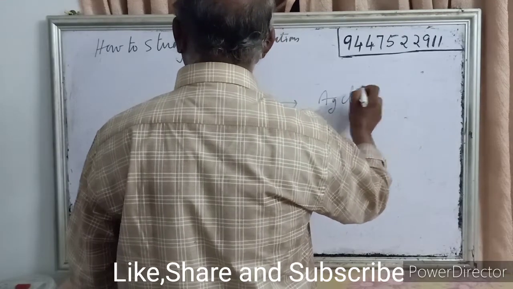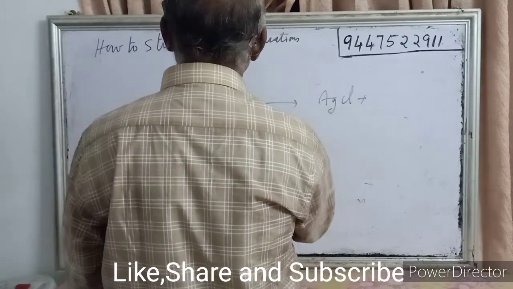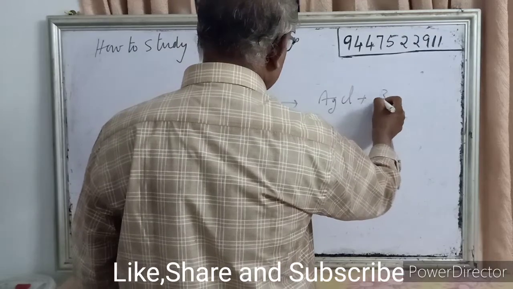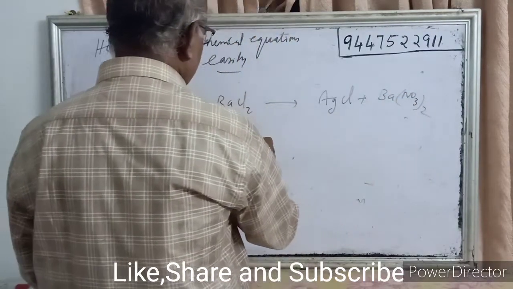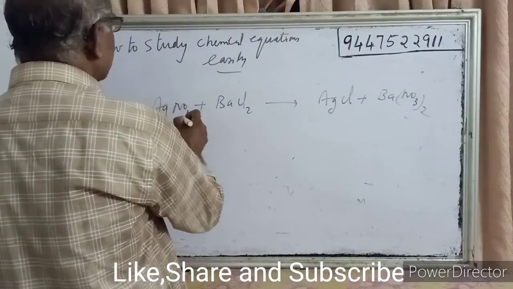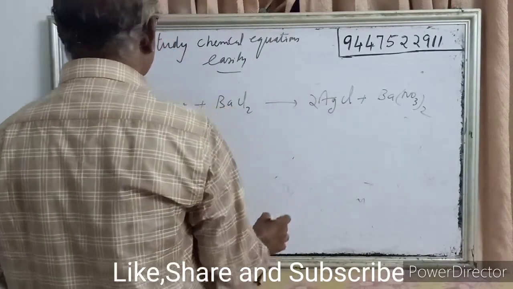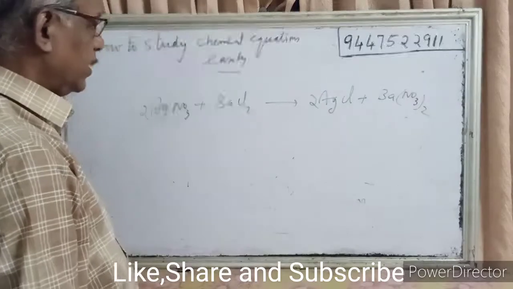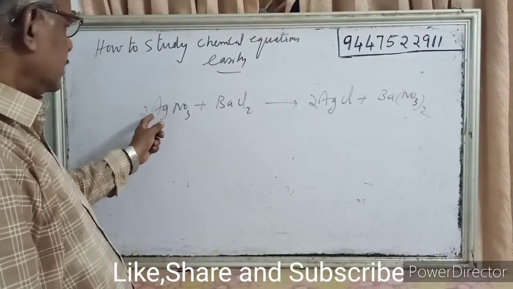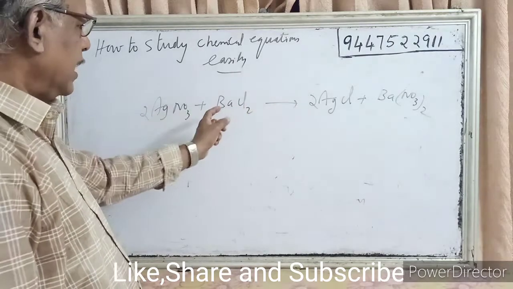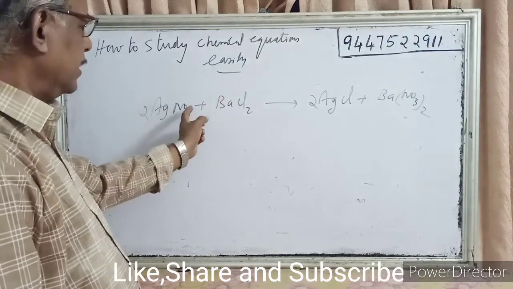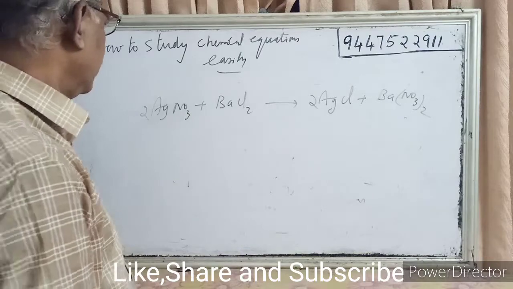plus barium nitrate. So 2AgNO3 plus BaCl2 gives 2AgCl plus Ba(NO3)2. So here silver nitrate exchanges nitrate with chlorine to form silver chloride, and barium gives the chlorine and takes away the nitrate from silver.